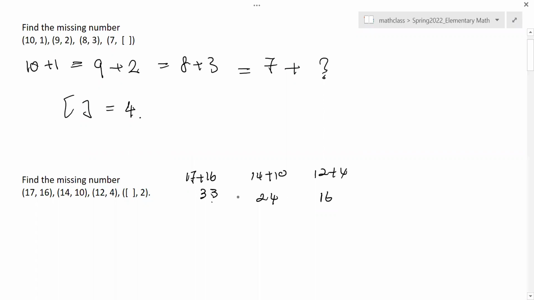I don't see a pattern among the 3 numbers, so there's no way you can get that. Sometimes there is a pattern, like every time it decreases by a certain number. So you put a question mark here.